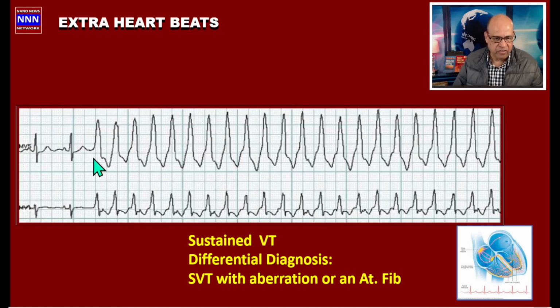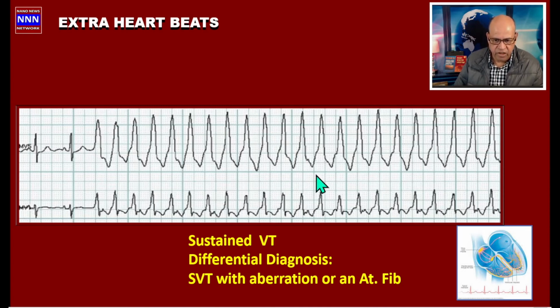Here is an example of a sustained ventricular tachycardia. Whenever you see a sustained ventricular tachycardia, you have more than 4 beats or maybe 16 beats where you see a wide QRS tachycardia, generally less than 200 beats per minute, and you have a regular RR interval and the ST-T segments are going in the opposite direction.